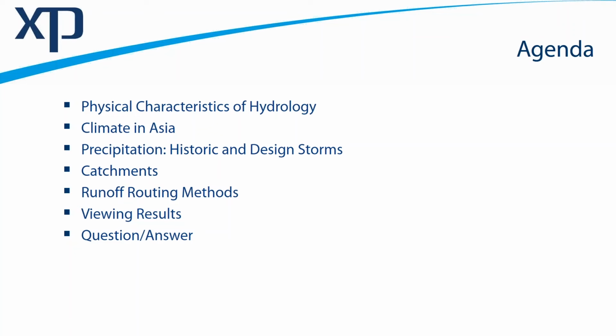It's always good if your region has design storms, but sometimes we have to work those out ourselves. I'll discuss catchments, the most important part of hydrology, some routing methods, and looking at results, and I'll also do a live demonstration inside XP Swim today.